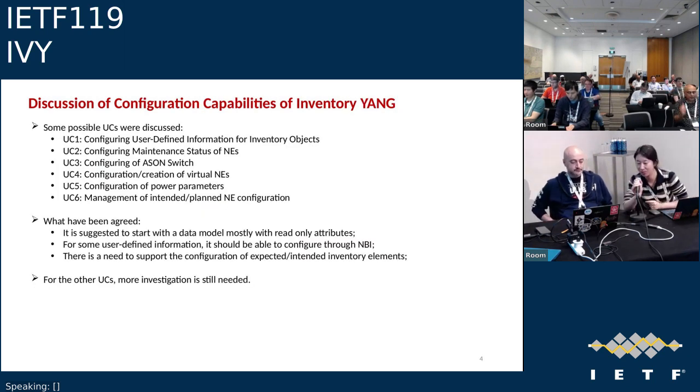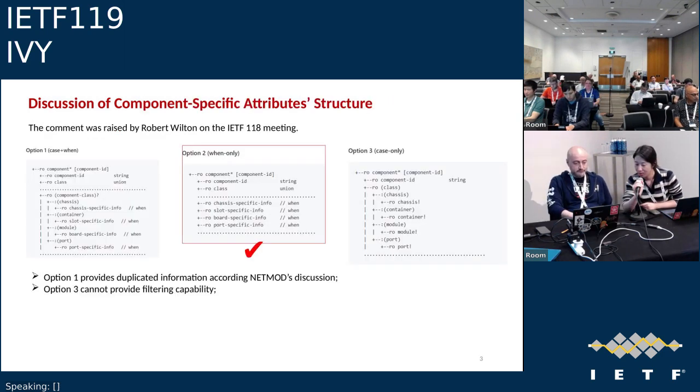Sorry, can I ask a question? Yep. So, go back to the previous slide. Just a quick question. As a contributor, I'm wondering whether the authors have identified any component-specific parameters so far, or you just define the container there and leave the door open?